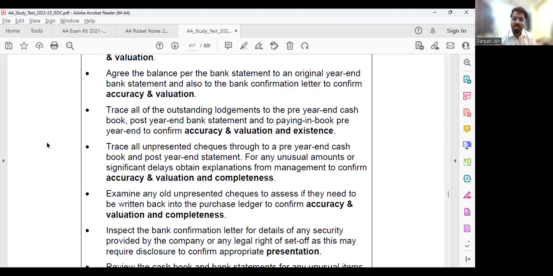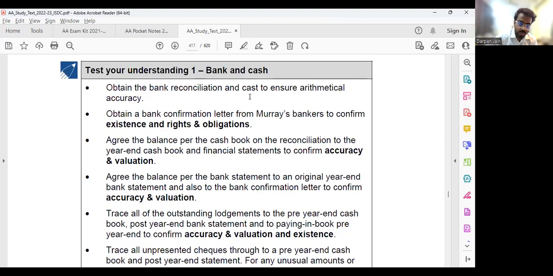Great. Also, let me highlight things so that you remember: cast to ensure arithmetical accuracy, obtain a bank confirmation letter, agree the balance as per cash book, the balance as per bank statement.